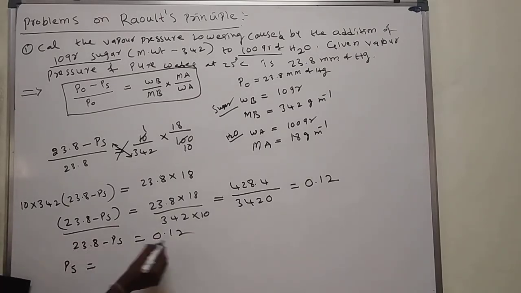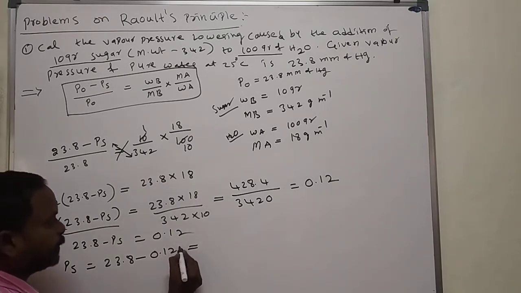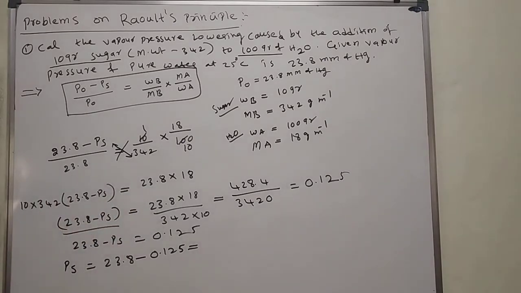Ps is equal to, this comes to the opposite side, so Ps is equal to 23.8 minus 0.125.